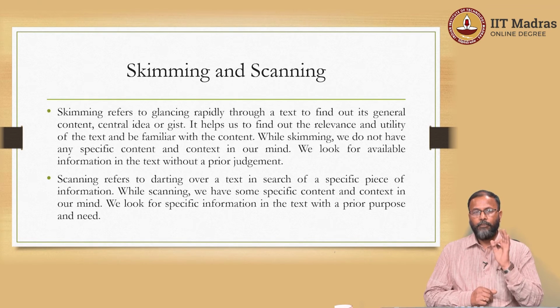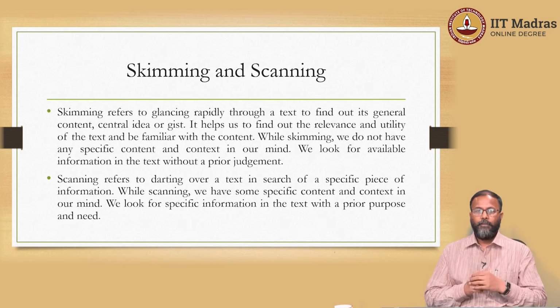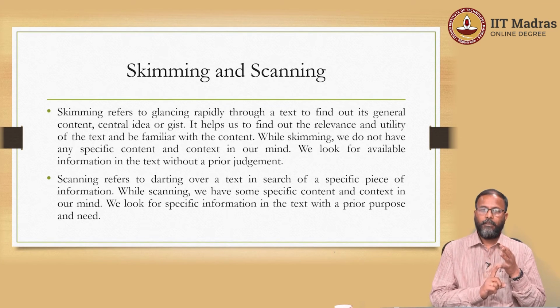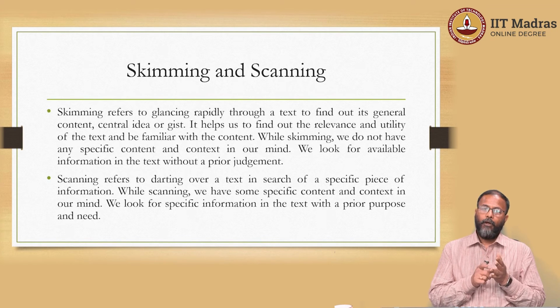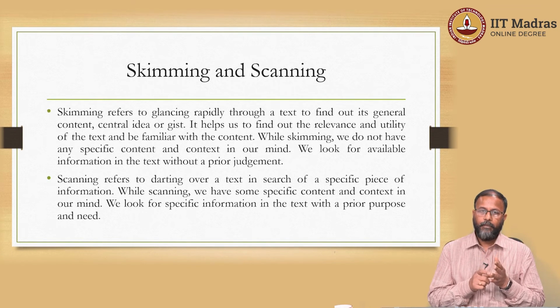A word has three components. So when we read a word, it has three components. Number one, the structure: the spelling system, how it is written, and the pronunciation. Then the second component of a word is meaning, what it means. It has a certain codified meaning associated with it, encoded in it.